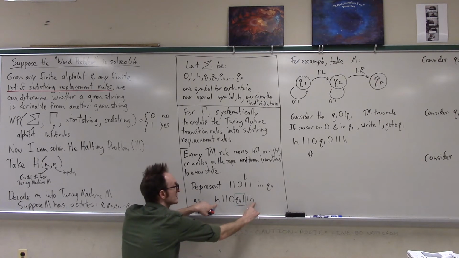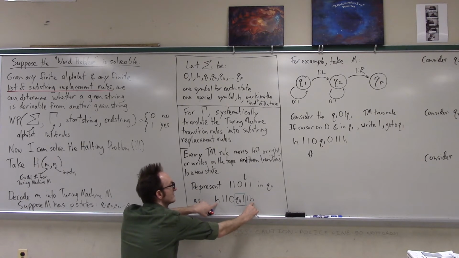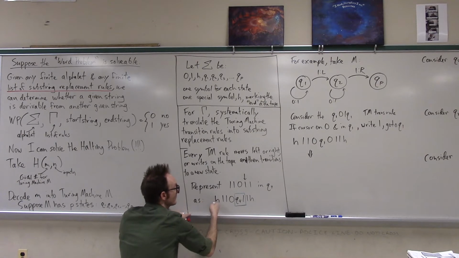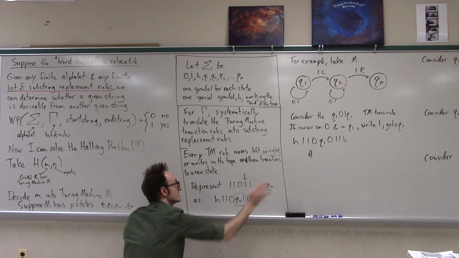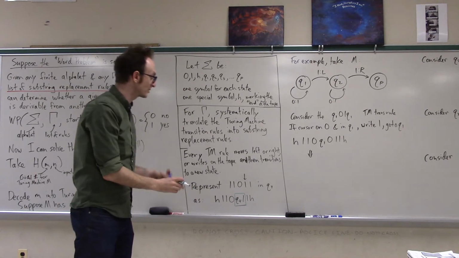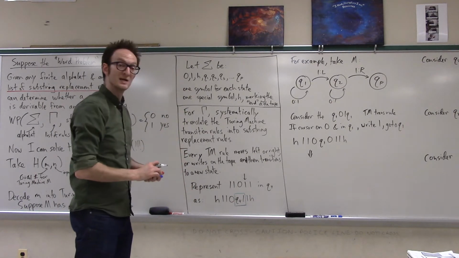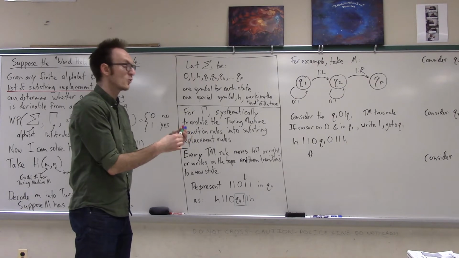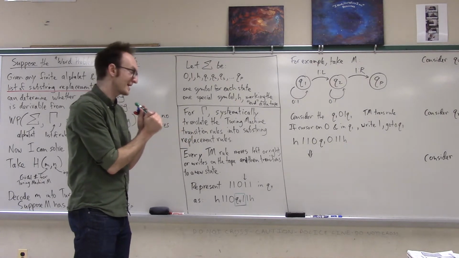And these H's are like little parentheses which say that this is the only tape that we've explored so far. Everything to the left of H is an infinite number of zeros. Everything to the right of H is also an infinite number of zeros. So I've now captured with a finite string not just what's on the tape, but also where the cursor is and what state I'm in.